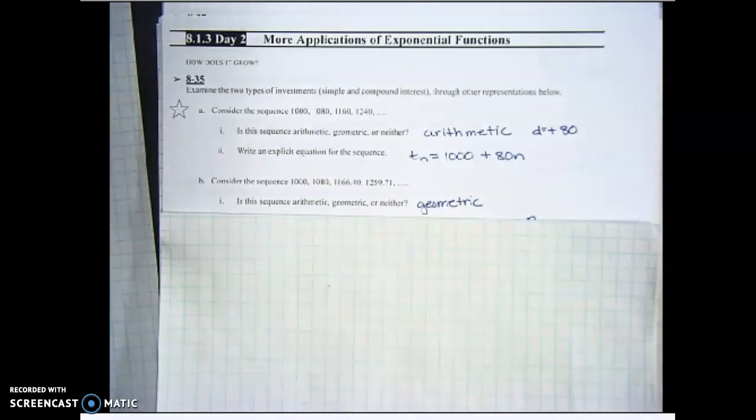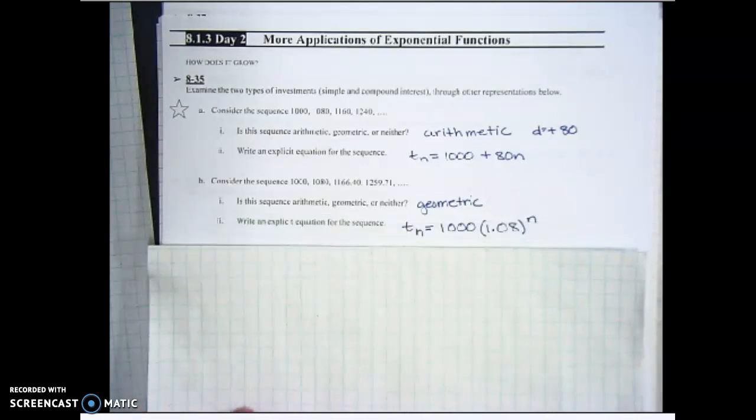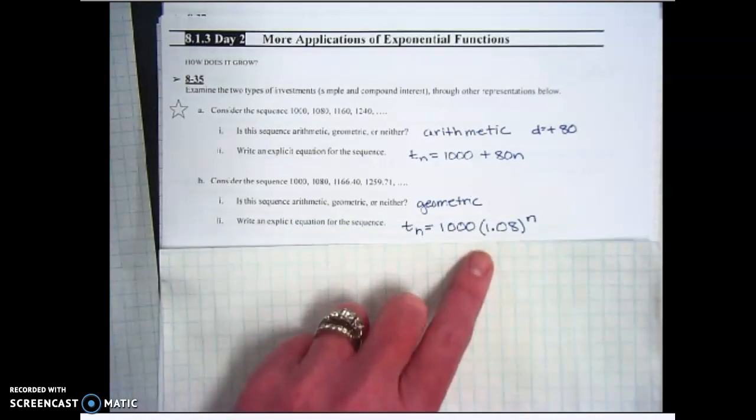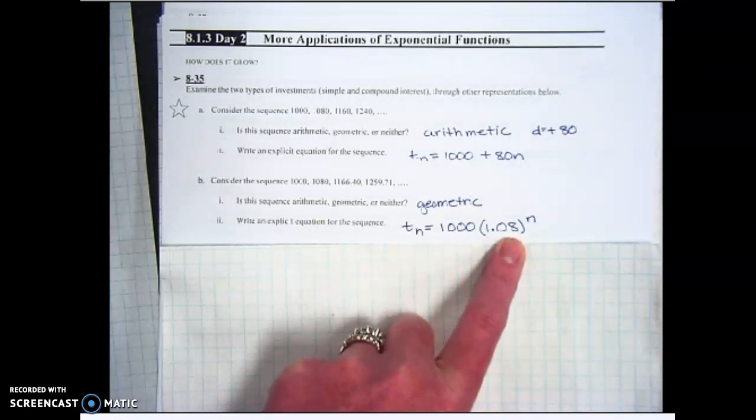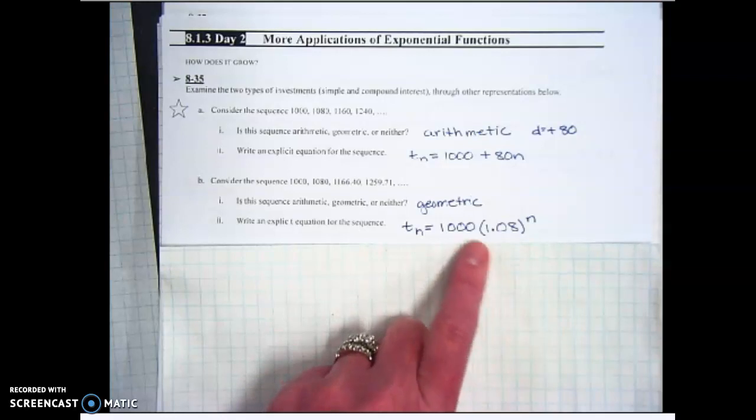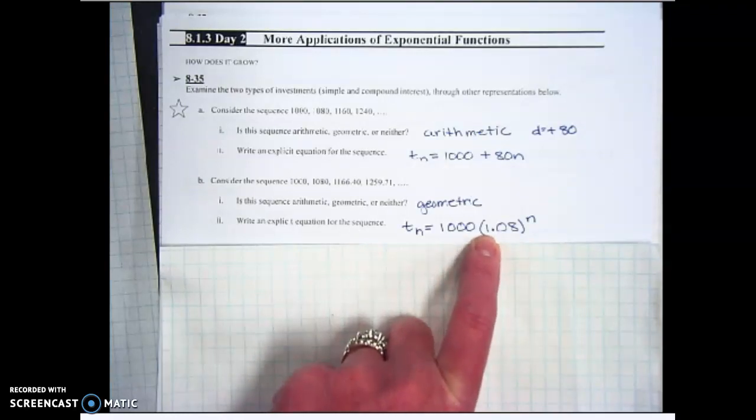Who remembers what percent this one was? It was 8%. If you guys remember, it was 8%, okay? So we took 1,000. We changed 8% into the decimal 0.08. And who remembers why we have the 1 here? Not just 0.08, but 1.08.